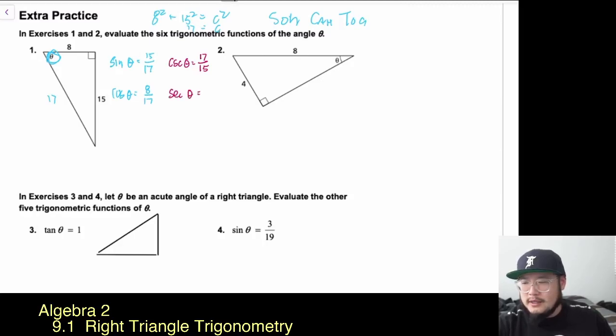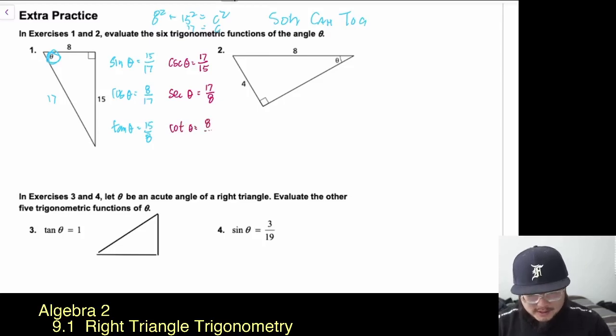Finally, tangent theta is opposite over adjacent, so opposite is 15, adjacent is 8. The inverse is cotangent, so cotangent theta is 8 over 15. Just like that, we figured it out. Pretty simple. If only it was that simple all the time.